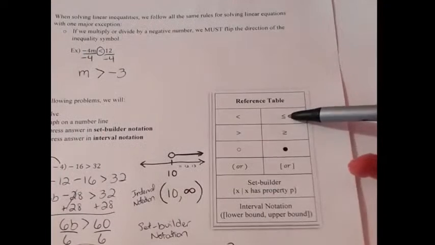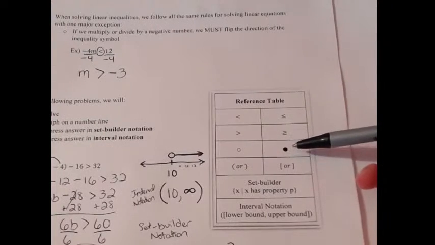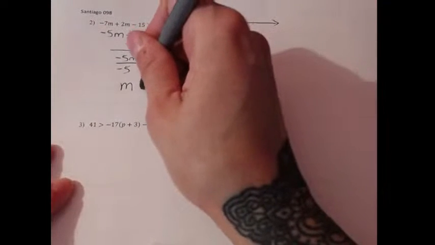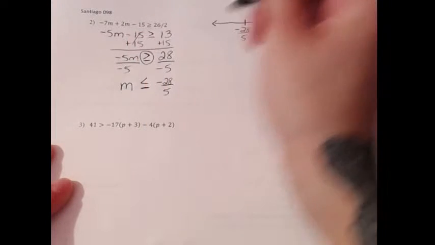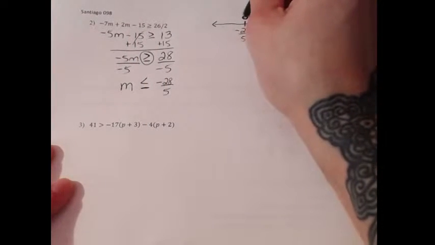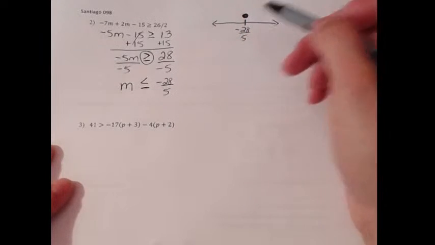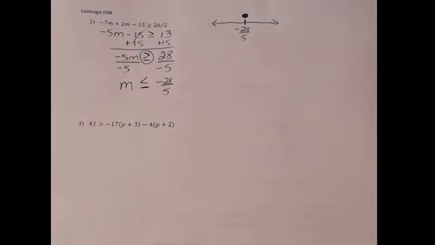If you flip back to your previous page, less than or equal to, greater than or equal to, closed circle. Because it's a solid line here, it's a solid circle here. Solid line, solid circle. I love it. Yes, Hannah.